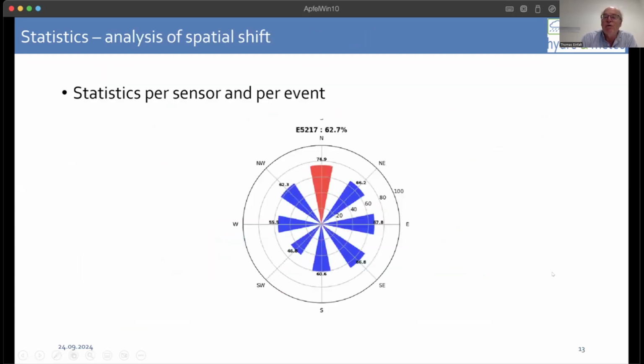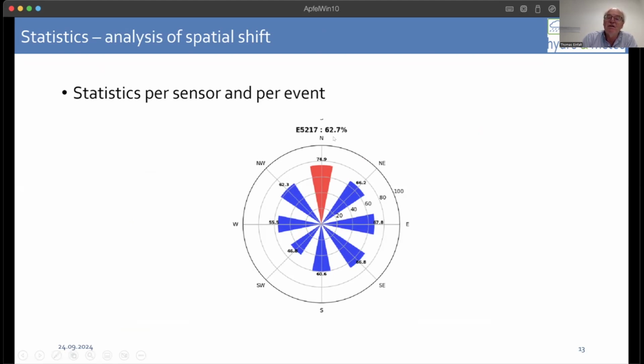On the other hand, what we did, we shifted the location of the radar by 1 kilometer into each direction, to the north, to the northeast, and so on. And so we could find out that for one of the sensors, we did this for each of the sensors.